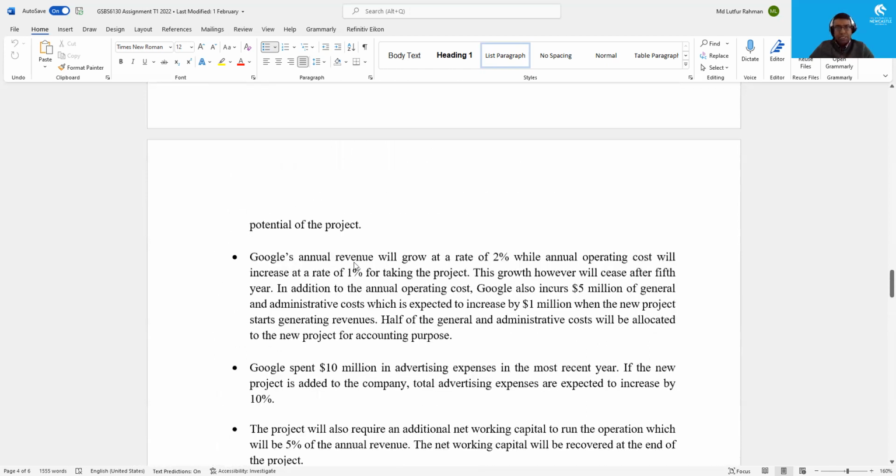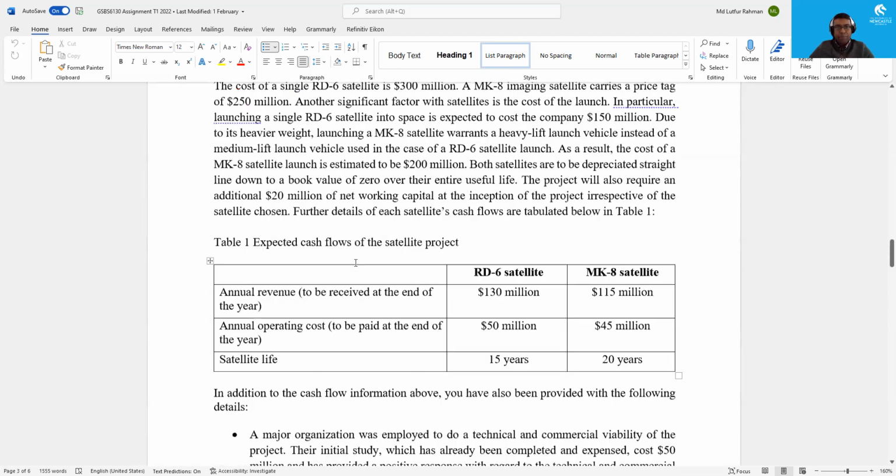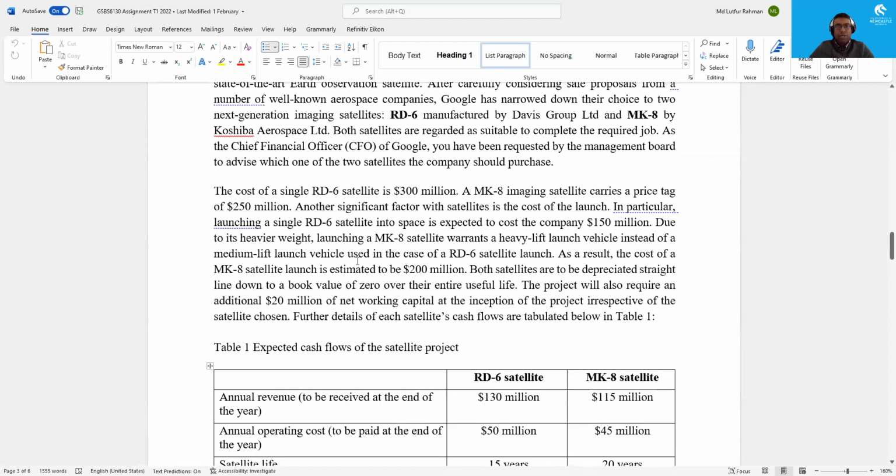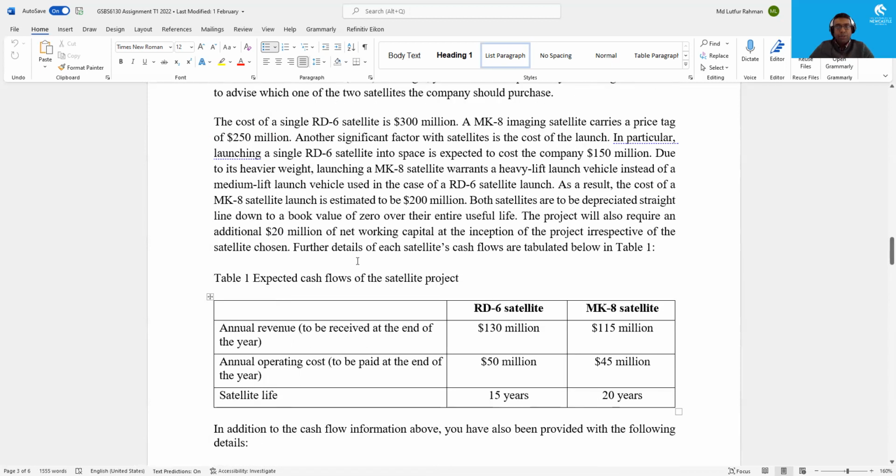So let's come one by one. First of all, when you calculate initial investment, most of you did it correctly, that initial investment should include the cost of the satellite, its launching cost. For example, here the launching cost is 150 million.